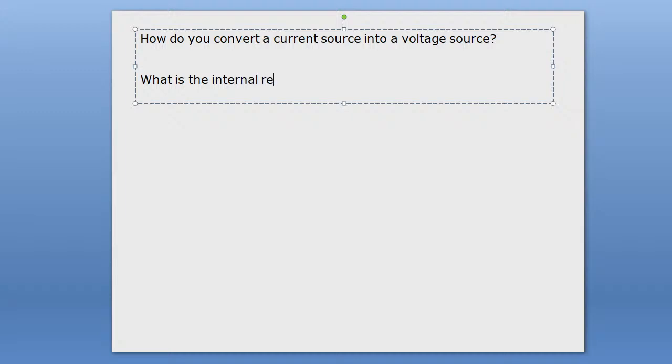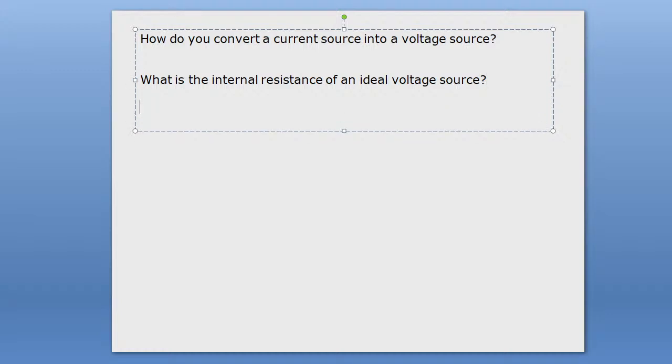And also you tell me what is the internal resistance of an ideal current source.